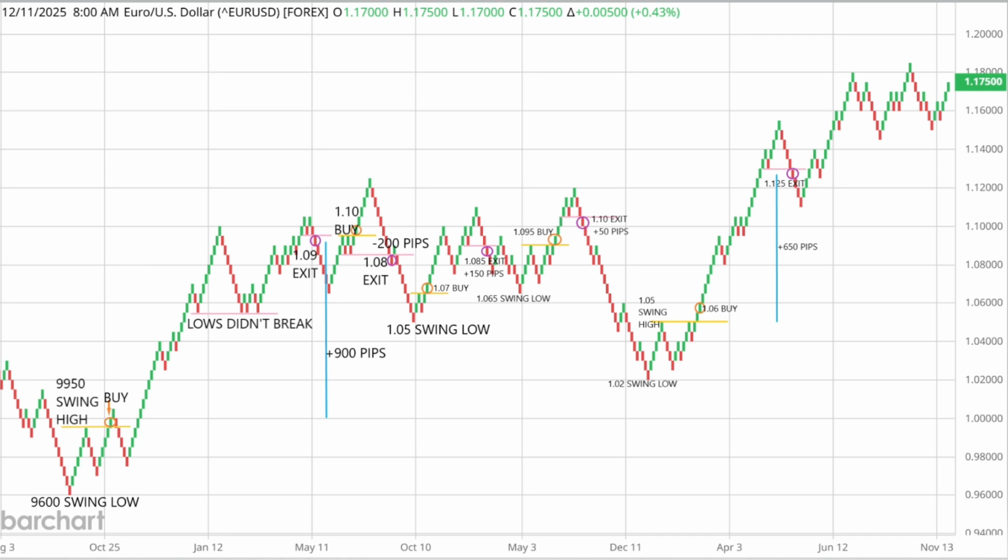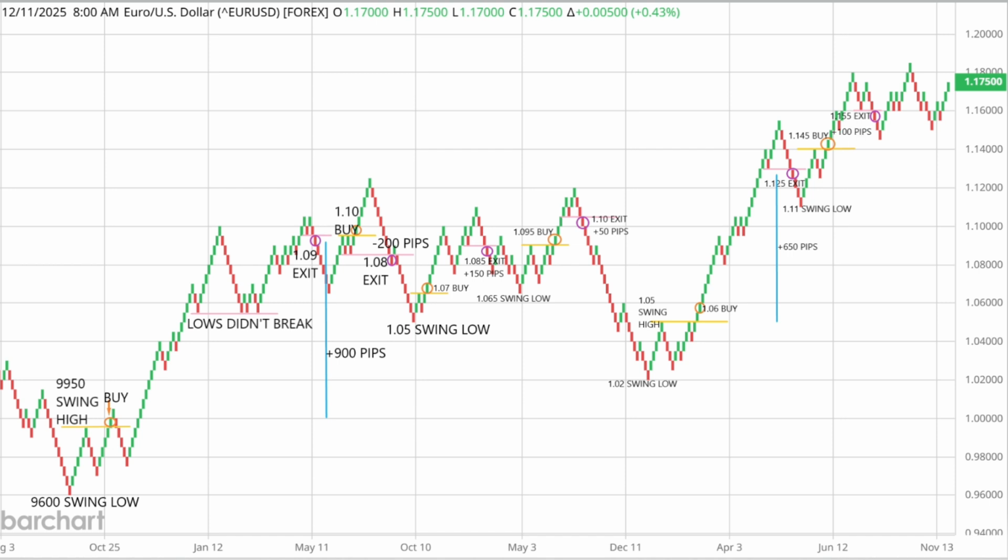Next, price forms a swing low near 1.11 and a swing high around 1.14. On the breakout, we enter at 1.145. Price reaches toward 1.18 before reversing and closing below the swing low near 1.16. We exit at 1.155 for a gain of about 100 pips.